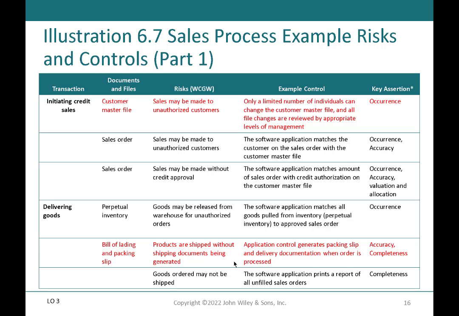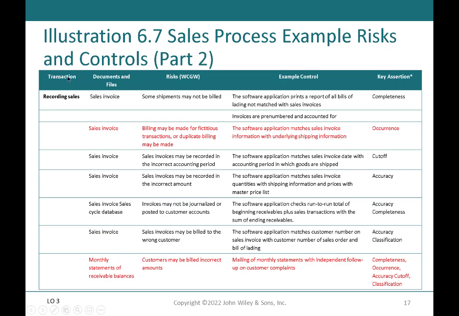If we don't have this documentation and the customer says, hey, we only got 6 units in our shipment, well, we don't really have proof that we actually sent the 10 out. Was it a problem in our shipping department? Was an issue with the carrier that was transporting those goods on our behalf? Without that proper documentation, it's very hard to tell where the issue arose. So we want to have proper controls in place, to make sure that we receive a bill of lading and we produce a packing slip for every shipment that's going out the door.